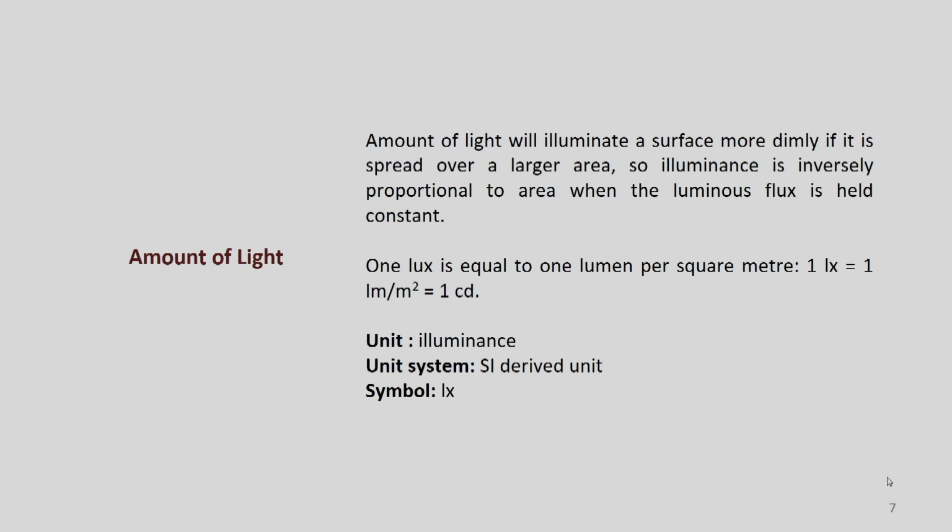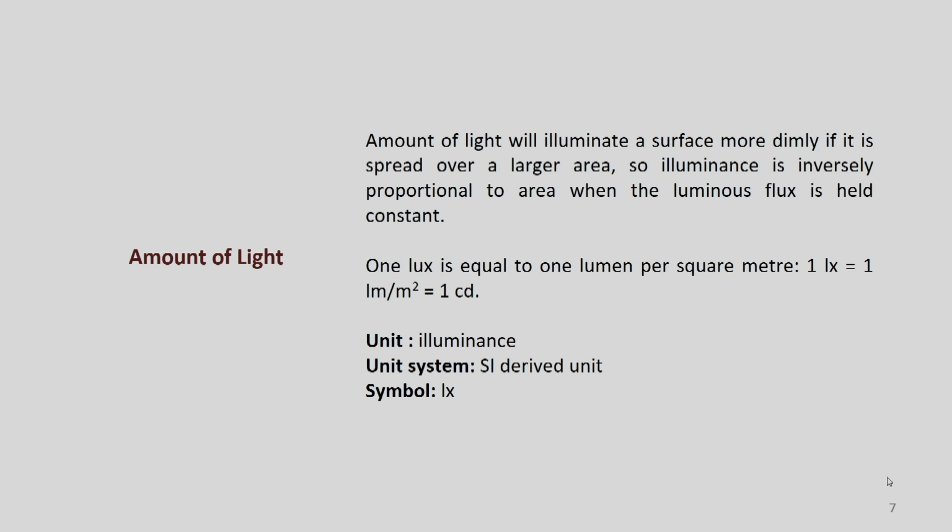So, let us understand how we talk about the amount of light. The amount of light will illuminate a surface more dimly if it is spread over a larger area. So, we say that illuminance is inversely proportional to area when the luminous flux is held constant. If a typical amount of exposure is spread over more area, then the total illuminance level will go down.